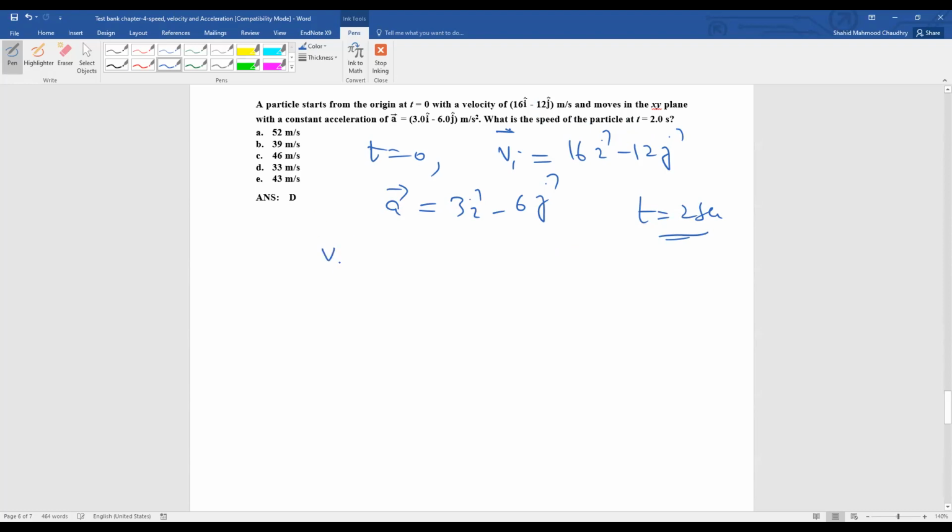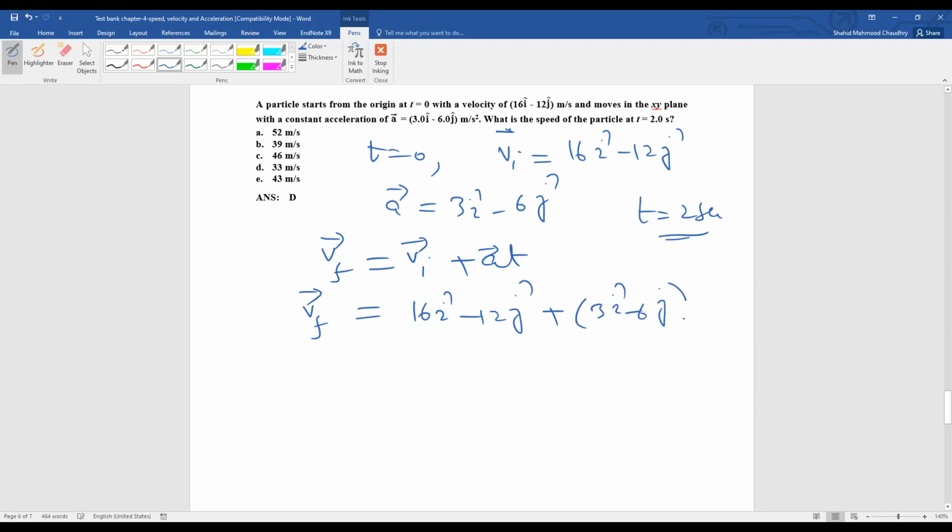So in chapter number 2, we apply this formula: Vf is equal to Vi plus at. But here our equation is in vector form. So we need the Vf. So Vi is 16i minus 12j plus a. A is 3i minus 6j and t is 2. So 16i minus 12j plus 6i minus 12j.